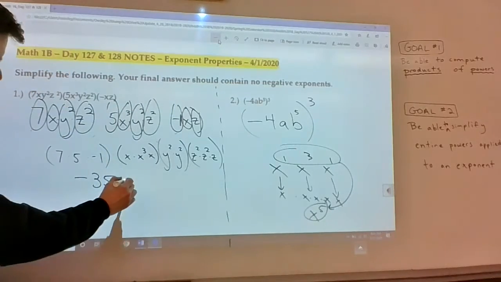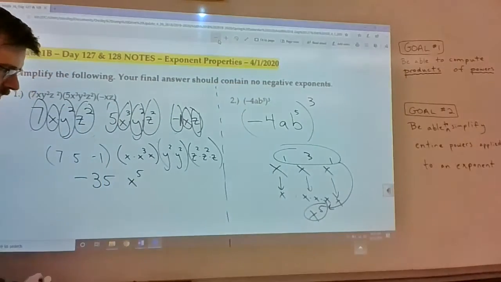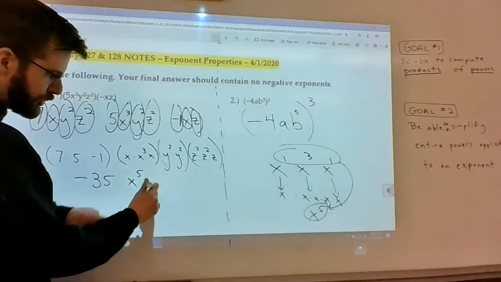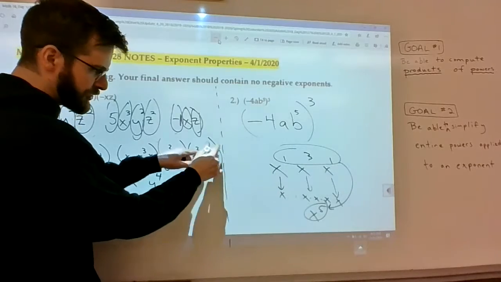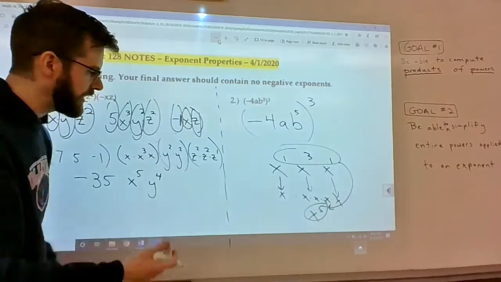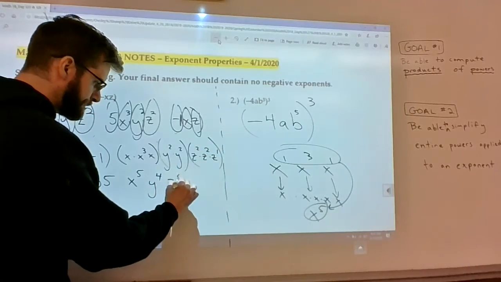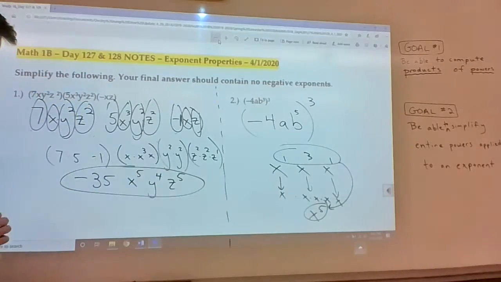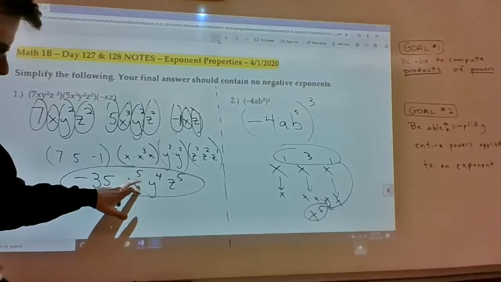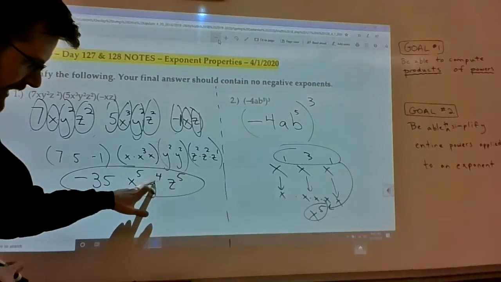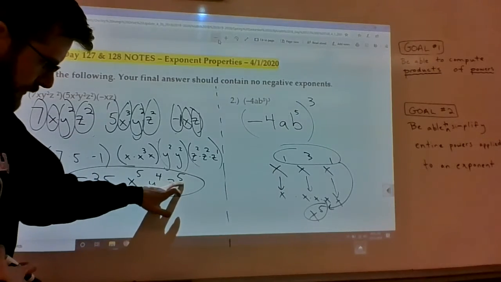So if we go back here, this will be x to the 5th power. This will be y to the 2 plus 2 power. And this will be z to the 2 plus 2 plus, there's always an implied 1 there, 1 power. So it's z to the 5th. And you don't want to try to glob it all together at the end by adding the 5 and 4 and 5 over here.